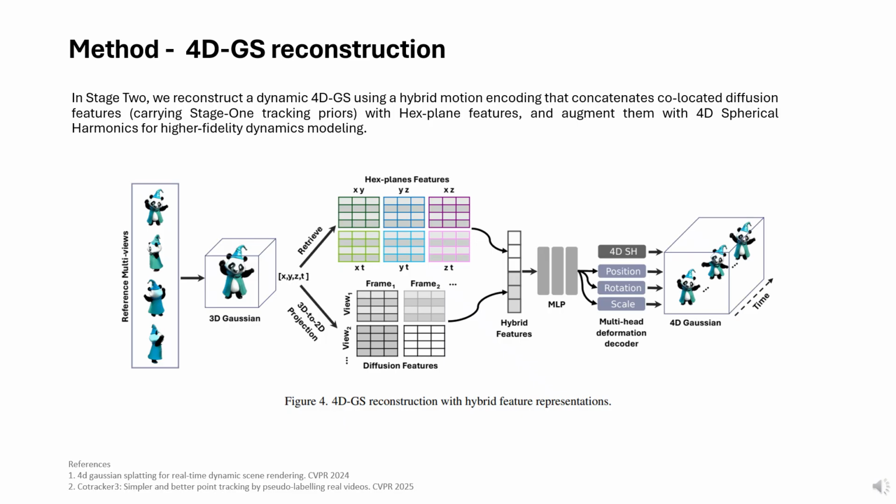These diffusion features, trained under CoTracker 3 supervision, encode motion priors that strengthen point representations of dynamic geometry and appearance. Additionally, we introduce a 4D spherical harmonics modeling into 4DGS, which improves color modeling of 4D assets.